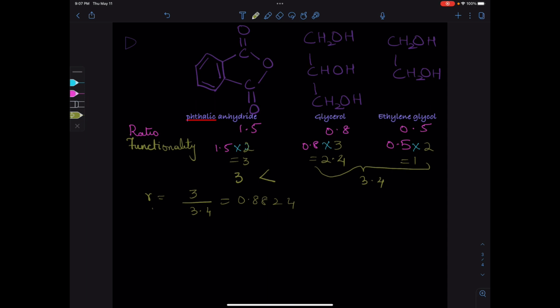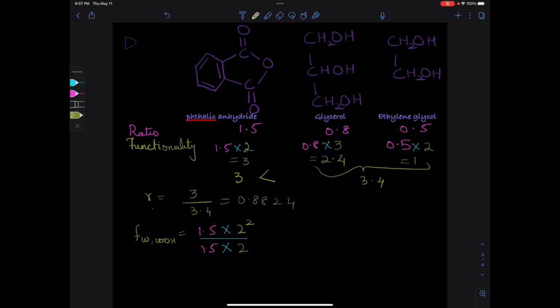Now let's find the weighted average functionalities. For carboxylic group, it would be 1.5 times 2 squared over 1.5 times 2.